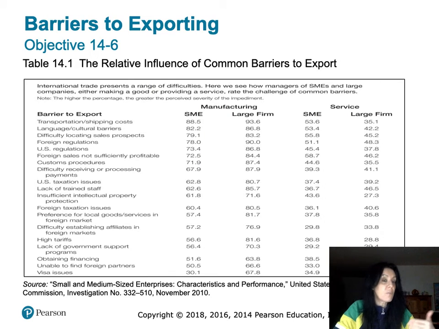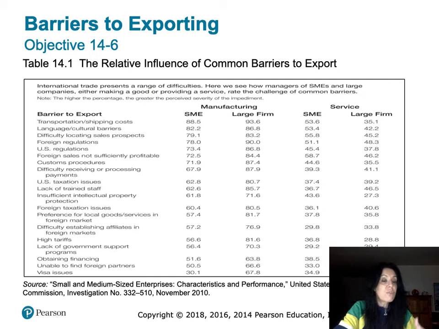There are some specific examples listed as barriers to exporting, such as transportation costs, language and cultural barriers, U.S. taxation issues, lack of trained staff handling exporting and importing, high tariffs, and, most importantly, government regulations.